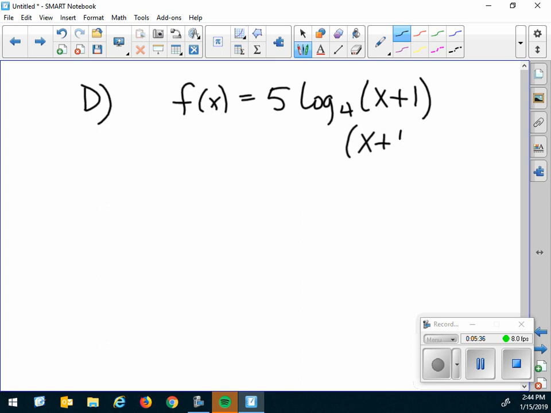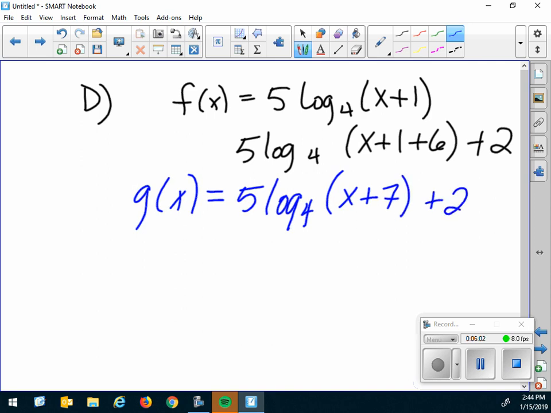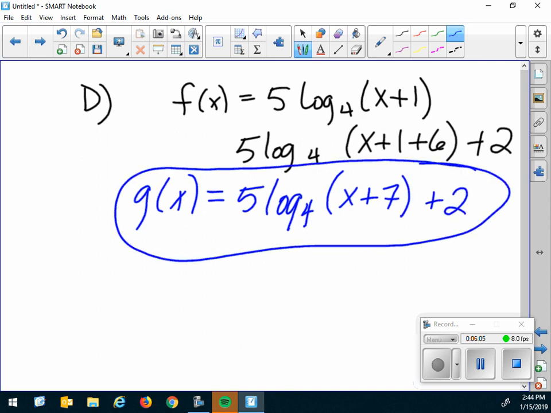So it's going to be that plus 6, right? And I'll do x plus 7 in a minute. So right now I've got this, and then add 2 on the end. So g of x equals 5 log base 4 of x plus 7 plus 2. It said translate left 6, so that's where this came from.